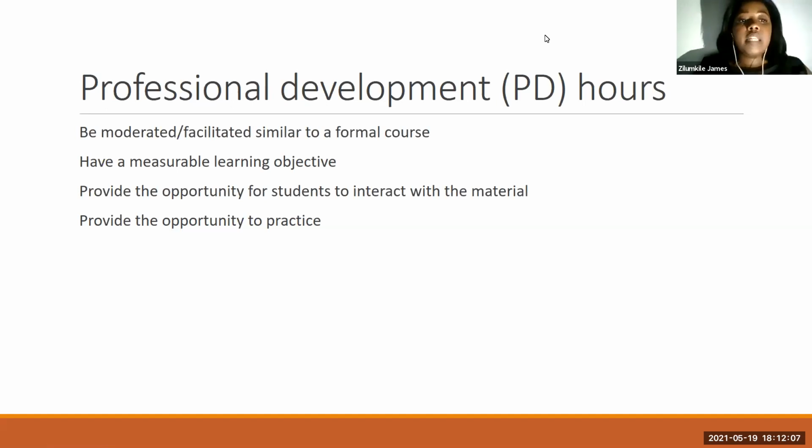It must provide an opportunity for the student to interact with the material, meaning you must be able to ask questions and get a response from whoever is offering the material or the moderator. And it must provide an opportunity for practice, meaning you must be able to put what you learn into practice.